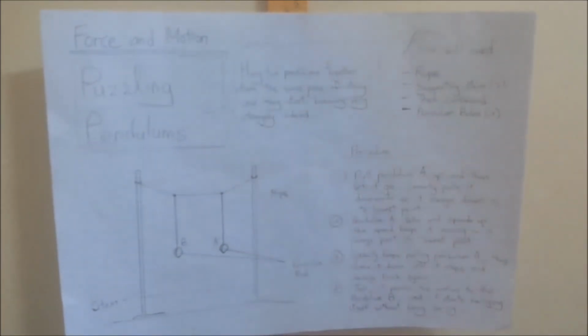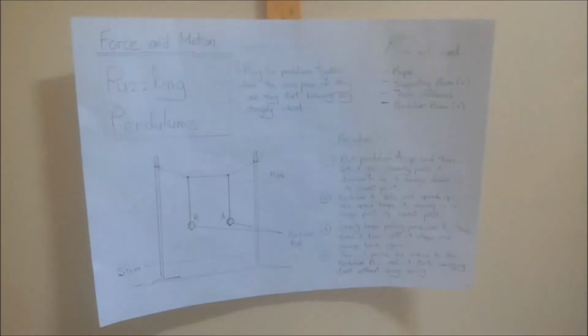Gravity keeps pulling down pendulum A, thus slowing it down until it stops and swings back again. Then it passes the motion to pendulum B and it starts swinging itself without being swapped. So what is the magic of science behind this? Without hesitation, let's go through the real experiment.